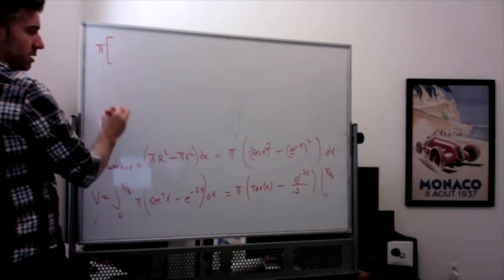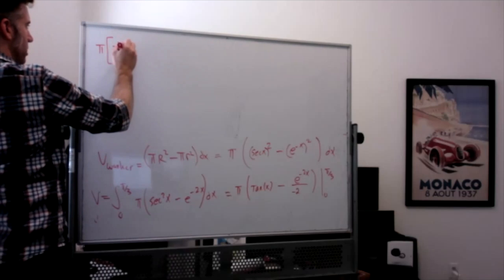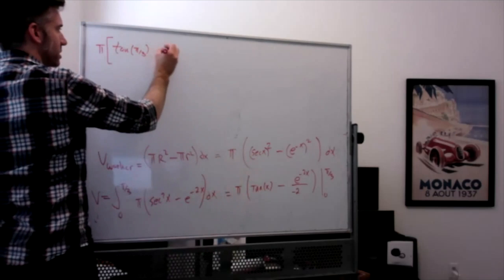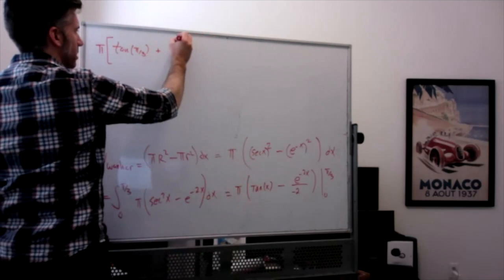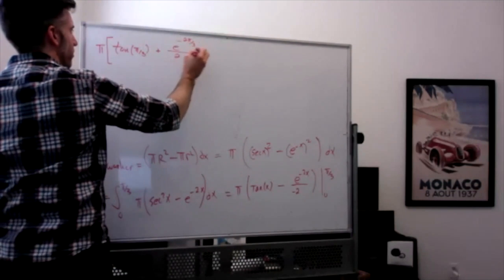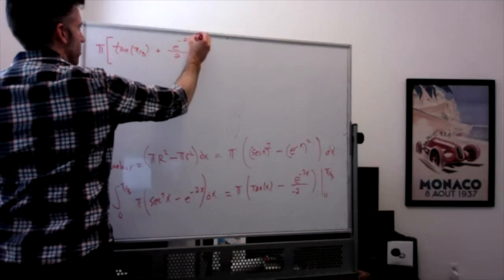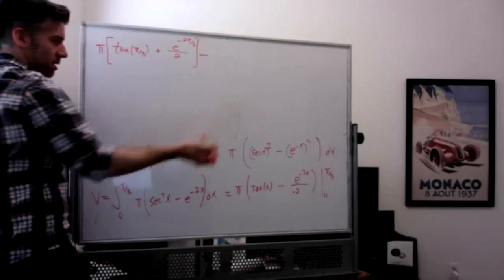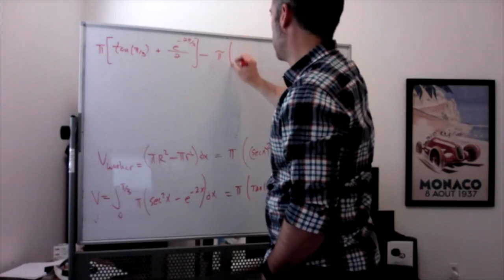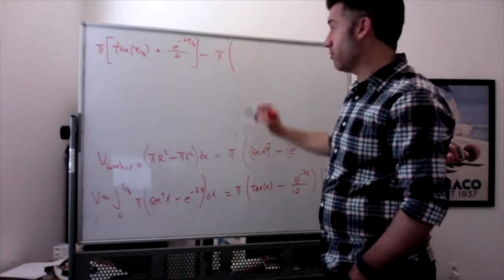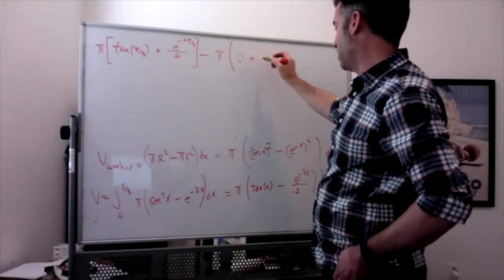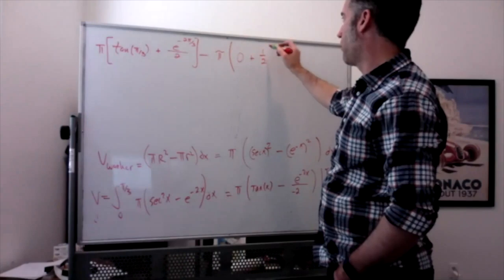So plugging in our limits of integration, we're going to get pi times tangent of pi over 3, minus the minus is plus, e to the negative 2 pi over 3 over 2, minus, we plug in 0. Tangent of 0 is 0, and e to 0 is 1, so you get minus, minus a plus 1/2.